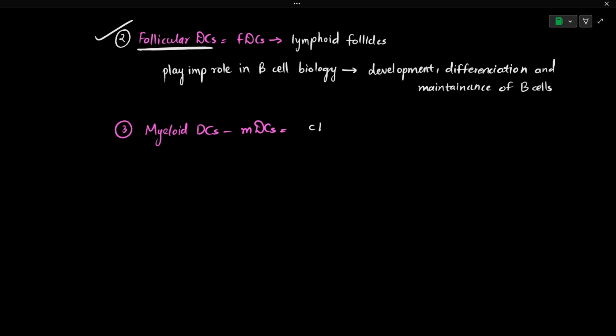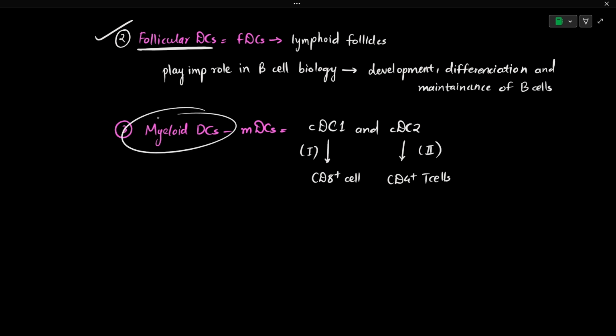They are also classified into cDC1 and cDC2. We are not going to discuss this in detail. The cDC1 dendritic cells activate the CD8 positive cells with the help of MHC type 1 molecules, and the cDC2 dendritic cells are going to activate CD4 positive T cells with the help of MHC molecule type 2.